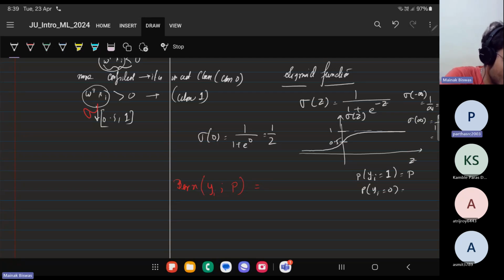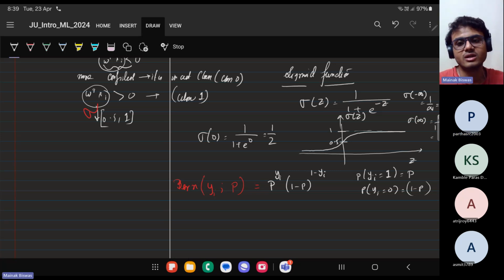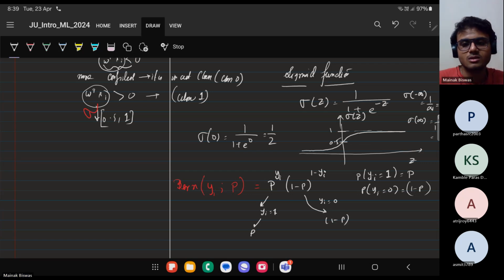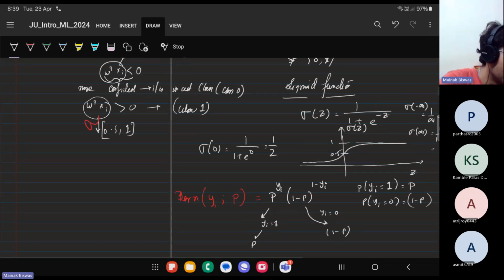It is p to the power y_i into 1 minus p, whole to the power of 1 minus y_i. Is it clear to everyone? Why is it? Put y_i equal to 1, you get p. Put y_i equal to 0, you get 1 minus p. Yes or no? Clear? So now I can directly put this value in the equation.